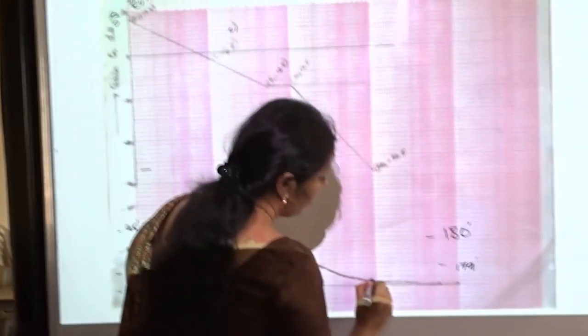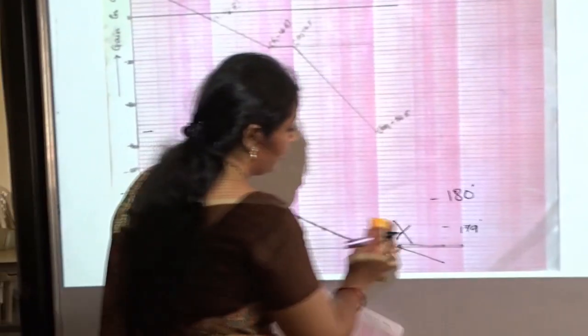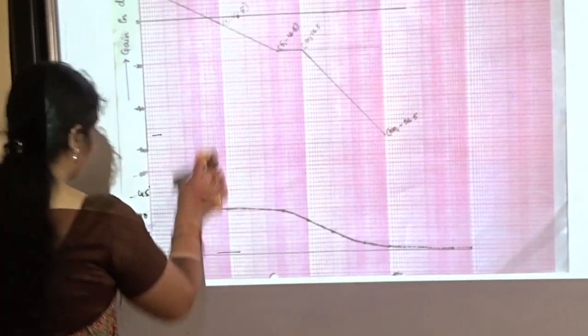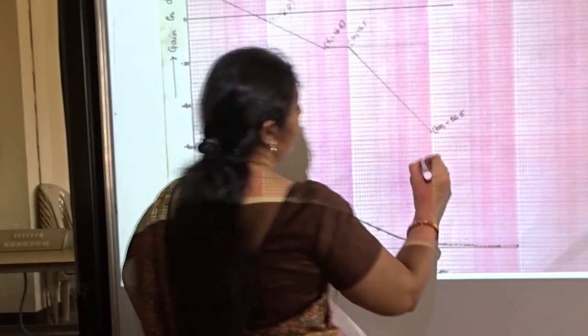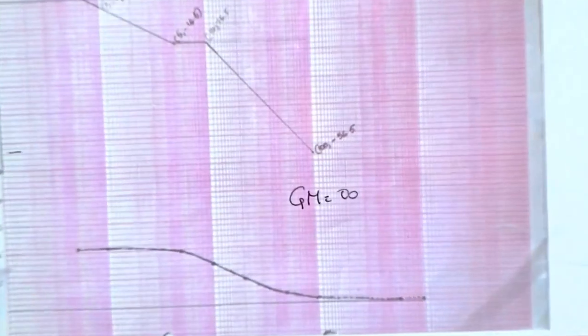The phase plot will not cross the minus 180 degree line. Because it is not crossing, the gain margin will be infinity. It has infinite gain margin, and the system is very stable.